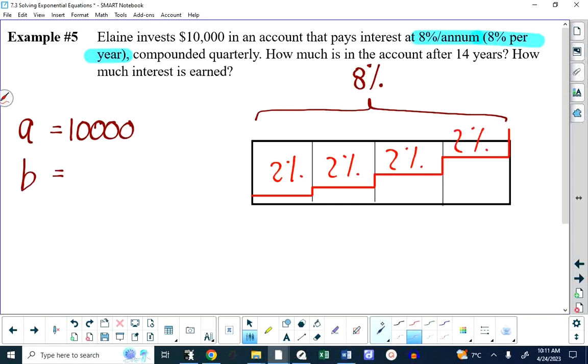And the reason it's going to be more than 8 is later on it's going to be 2% of a bigger amount. So schematically, things get multiplied by 1.02 here, and here by 1.02, and here by 1.02, etc. In other words, B is 1.02.